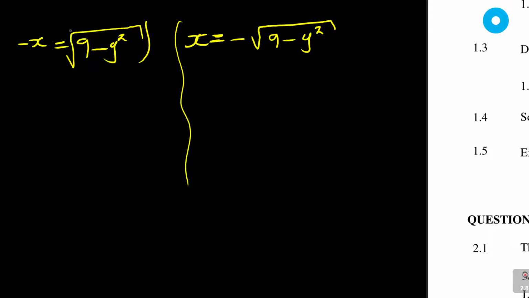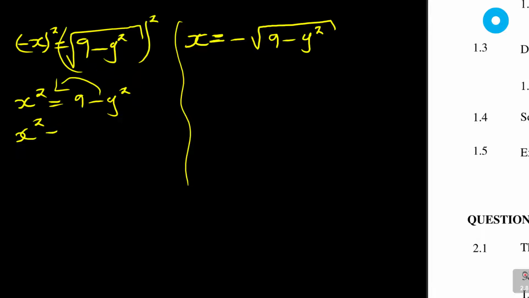Then I square both sides, so it will be x squared is equal to 9 minus y squared. Then I take y squared to the other side, so I've got x squared plus y squared is equal to 9, which is 3 squared. And this is the equation of a circle, which is what? x squared plus y squared is equal to r squared.